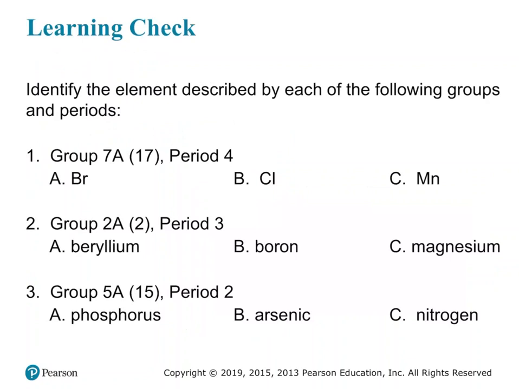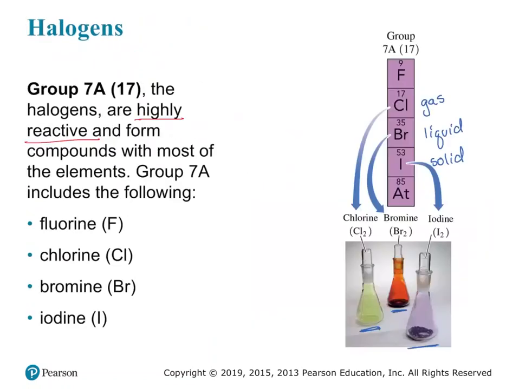All right. So let's do a quick learning check. Let's identify the element described by each of the following groups and periods. So you might need your periodic table for this one. So which element is in group 7A or group 17 and period 4? So let's actually go back to our periodic table.